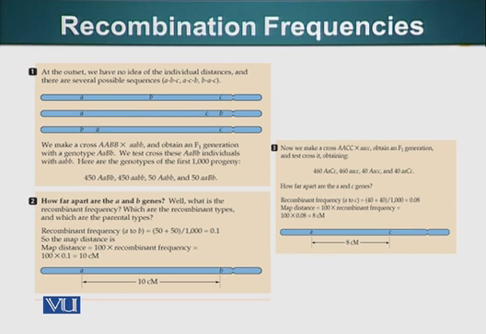Here we get 40 recombinants of capital A, small c and 40 recombinants of small a, capital C. Again, we use our previous exercise and calculate the recombinant frequencies. Here's the algebra. So we come up with the number 0.08. This number translates to 8 centimorgans. So we have now established the distance between A and C and A and B.